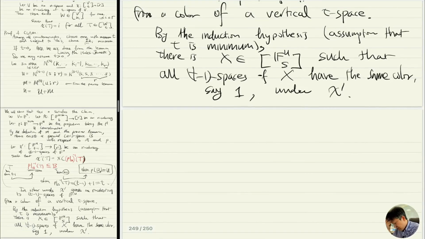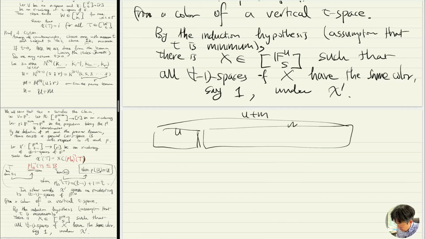So we found, so inside, here we have a big space, u plus m space. Here's u, here's m. Then inside here I found an S space, so that all t minus 1 subspaces have the same color.